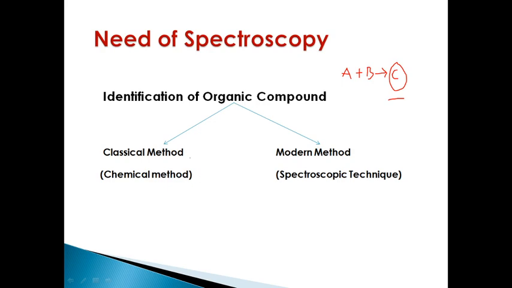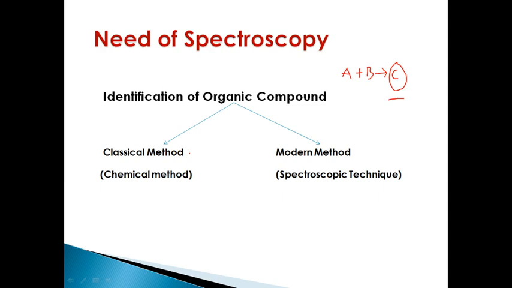By using the classical method, the first step is qualitative analysis. By qualitative analysis, we can know the type of elements present in the compound. After knowing the type of elements present in the compound, the very next step is to find out the amount of each element present.